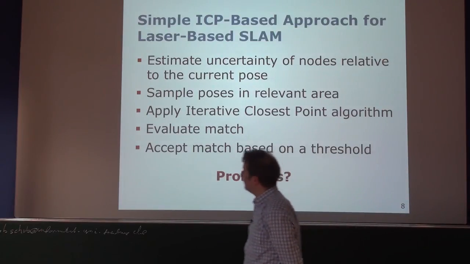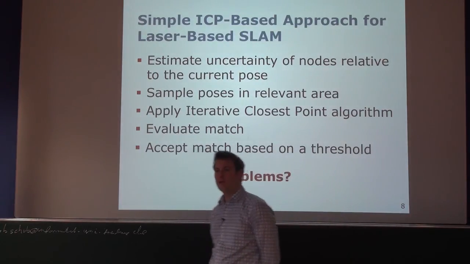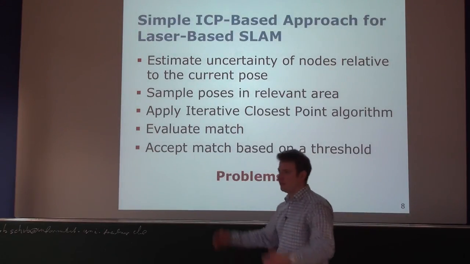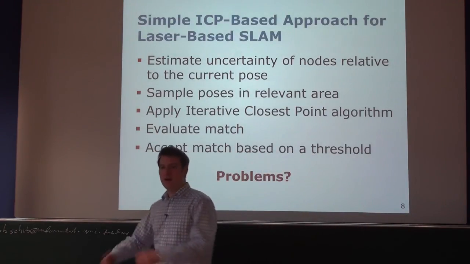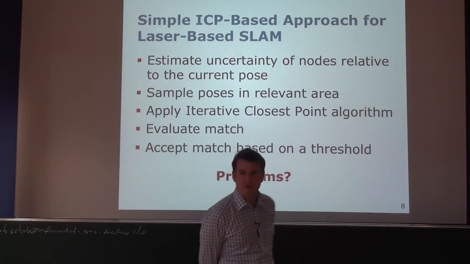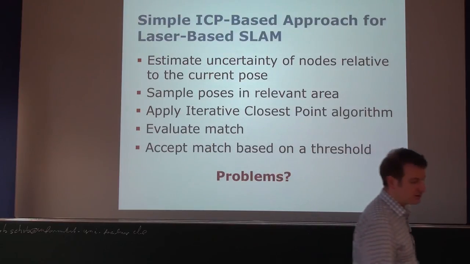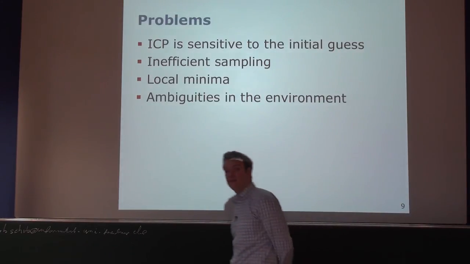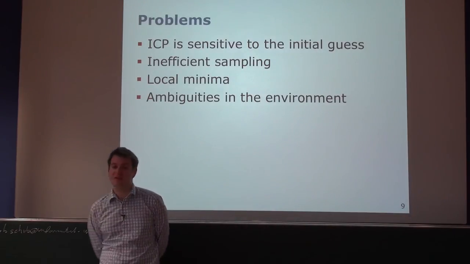Other things we may identify is how do I sample possible locations where the platform can be? If the uncertainty is a very large area, I may need to sample a lot of different poses in order to do that efficiently. So how do I actually find a good initial guess? These are typical problems that those approaches have. So ICP is sensitive to the initial guess.